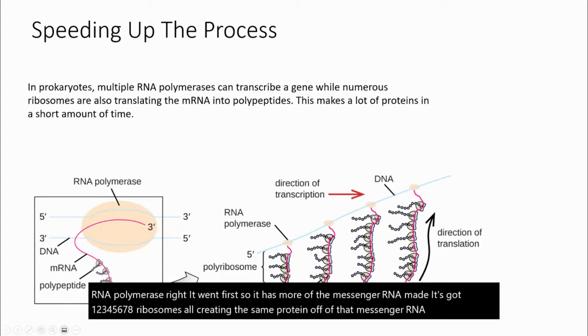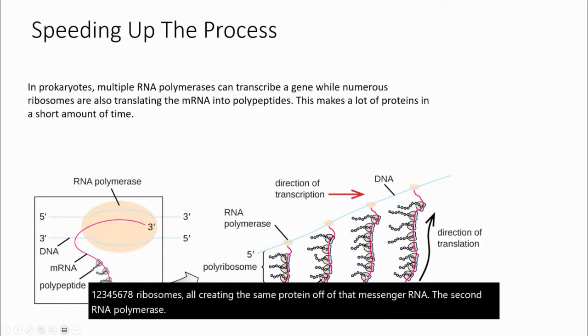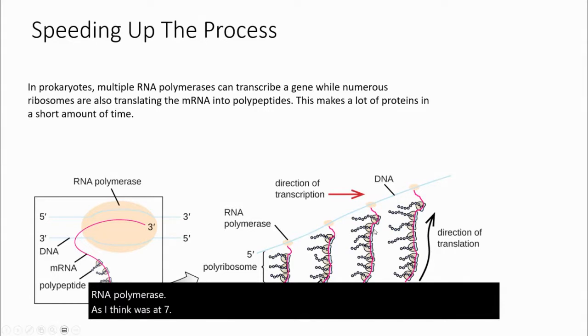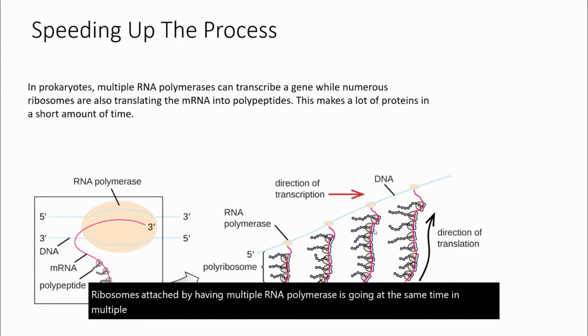The second RNA polymerase has, I think, 7 ribosomes attached. So basically, by having multiple RNA polymerases going at the same time and multiple ribosomes on each of those messenger RNAs at the same time, that's how to make lots of protein very, very quickly. All right, that is the end of this video.